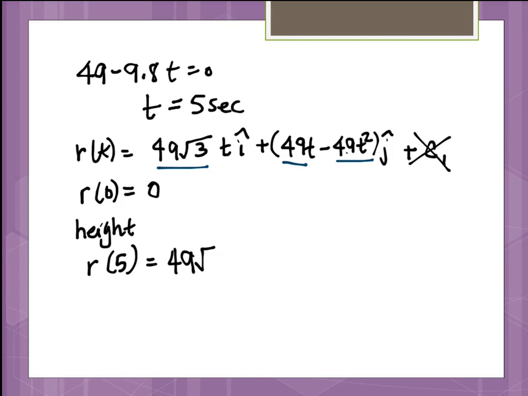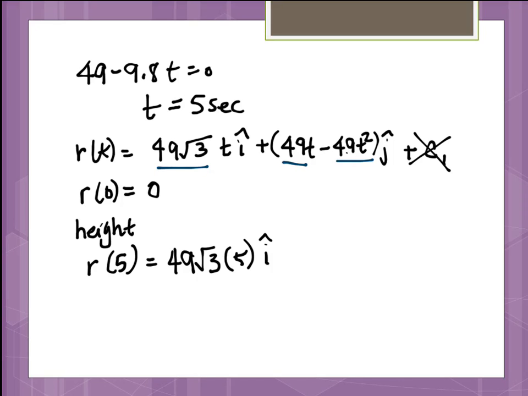So this is 49 square root of 3 times 5, i. Plus 49 times, I'm sorry, not plus. Oh, I know what's wrong.